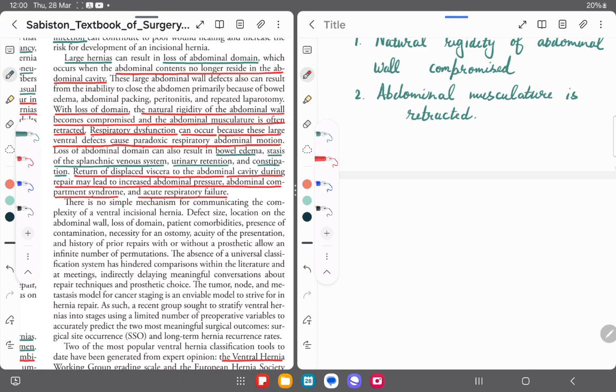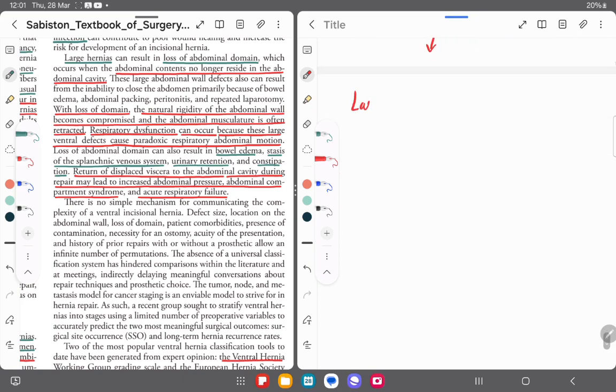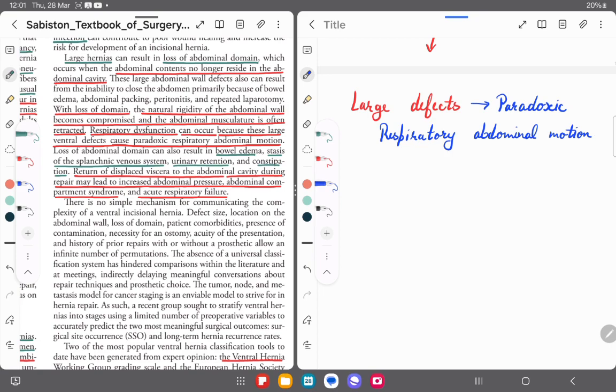So when there are large ventral defects, respiratory dysfunction can also occur because in large defects there is paradoxic respiratory abdominal motion, due to which there is respiratory dysfunction.